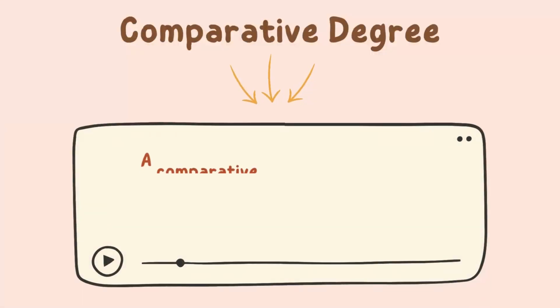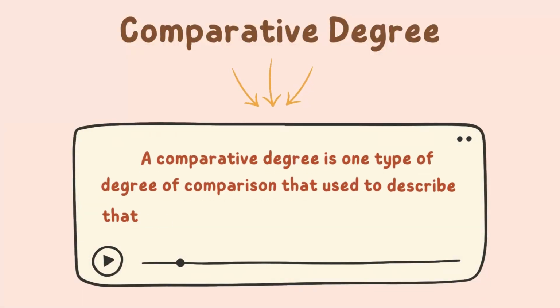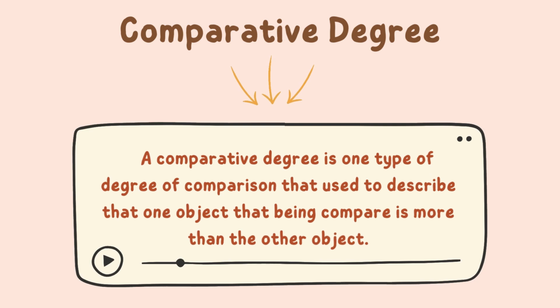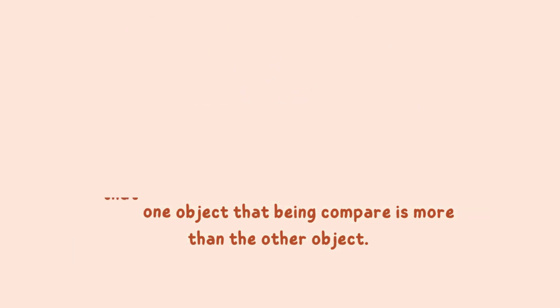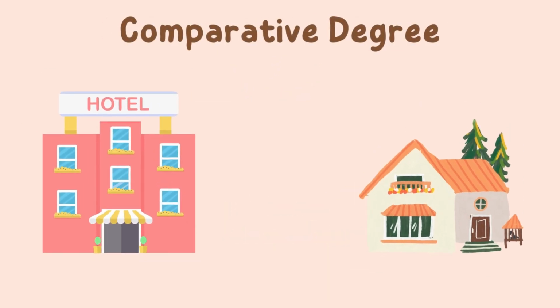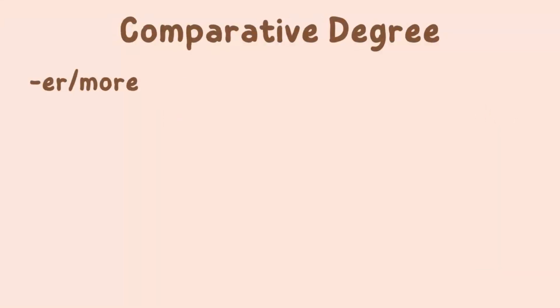The second type is comparative degree. Comparative degree is one type of degree of comparison that is used to describe that one object being compared is more than the other object. For example, when you want to compare the size between a hotel and a house. In comparative degree form, you have to change the adjectives or adverbs by adding the suffix er or more before the adjectives or adverbs.